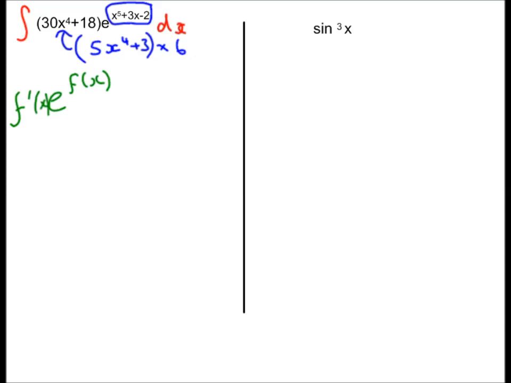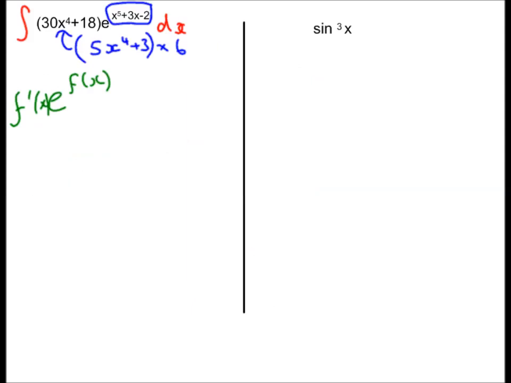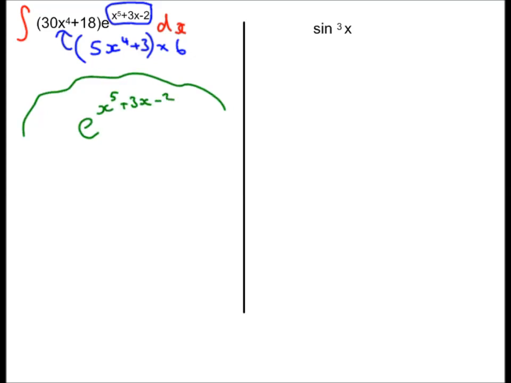And what I'm going to try doing is, if we look back at our differentiation, what we started with ended up being the same as what we had without the f dash x bit at the start. So let's try that. In my thought bubble, I'm going to say, what happens if I start with e to the power x to the power 5 plus 3x minus 2, and I'll try differentiating that.